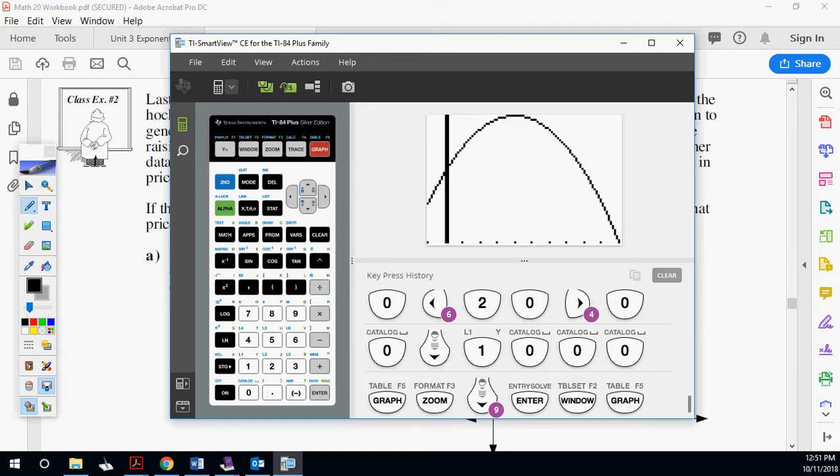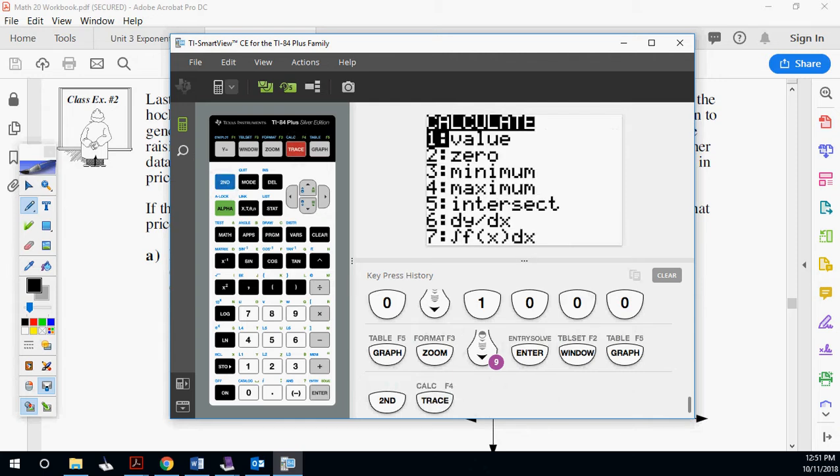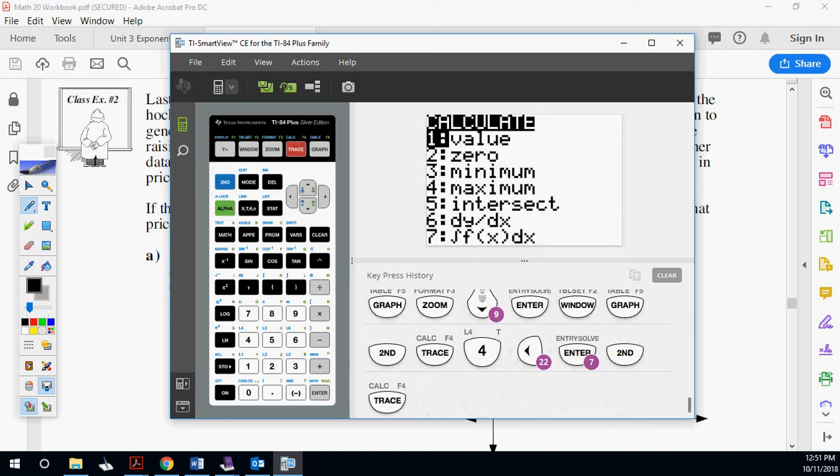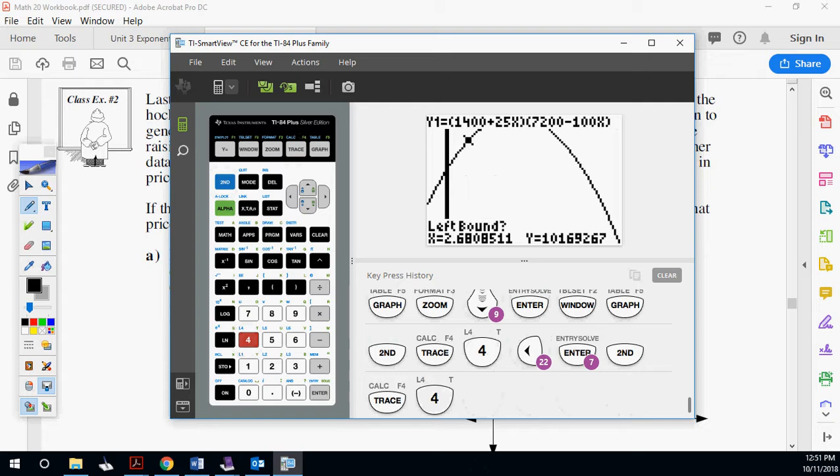All right, so there it is. That's the point. We're trying to find the max, so we got to do the max part now. On the right side, hit enter.